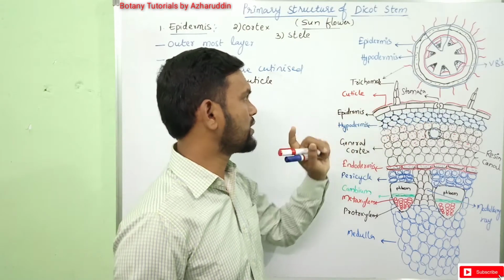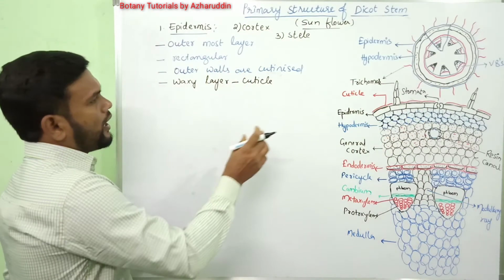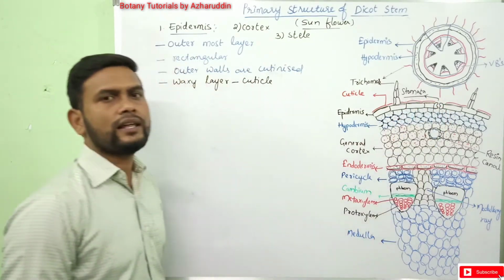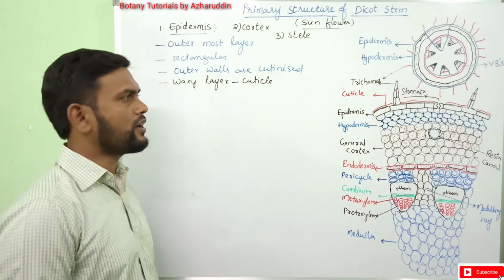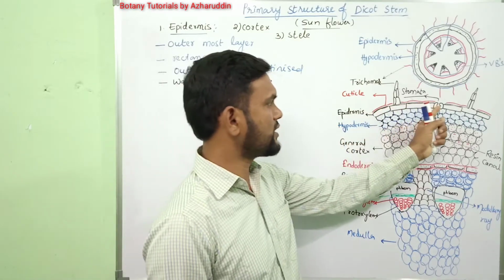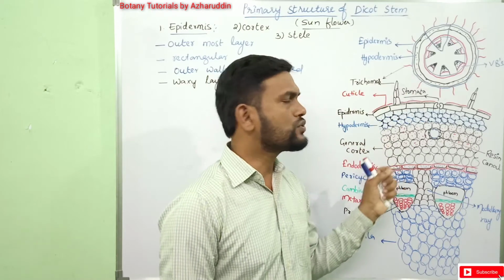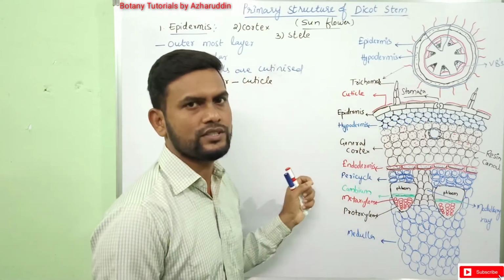This is cuticle. Next, at some areas, stomata are also present in the epidermis. In some areas, this epidermis is interrupted by stomata, and these stomata are useful in gaseous exchange.